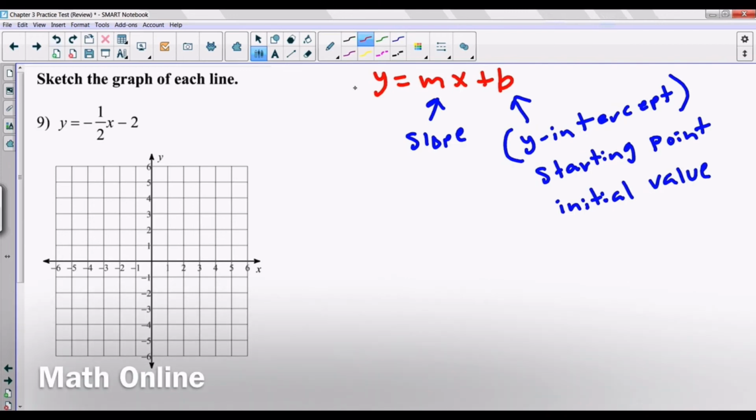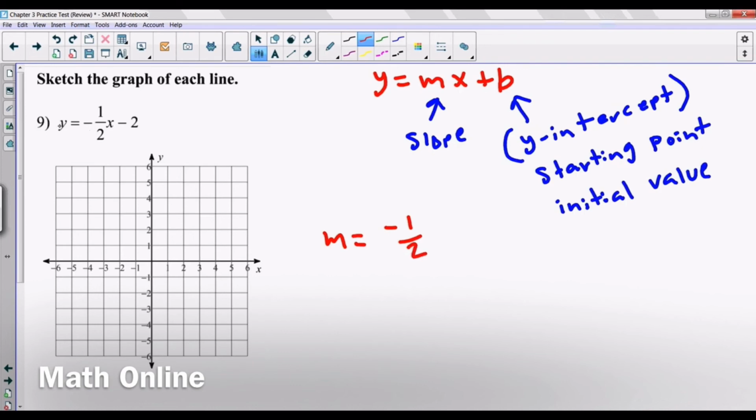So first of all, we need to identify the slope. In this case, remember, the slope is always in front of the x. In front of the x, you'll find the slope. So in this case, the slope is negative, and it's negative 1/2. Notice that the negative sign is right in the middle.